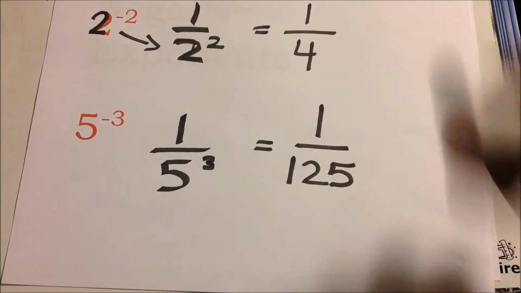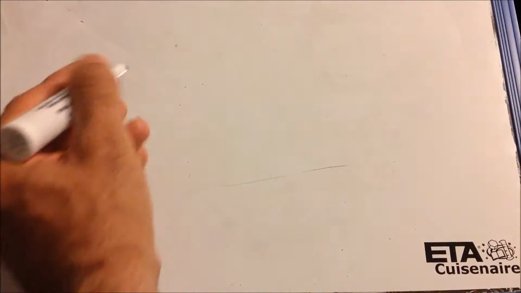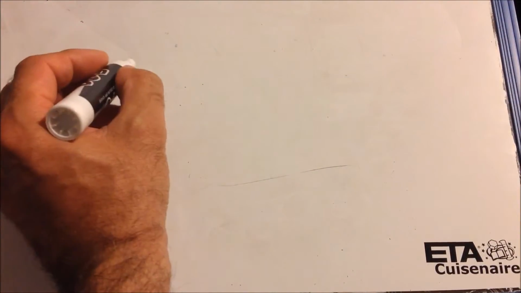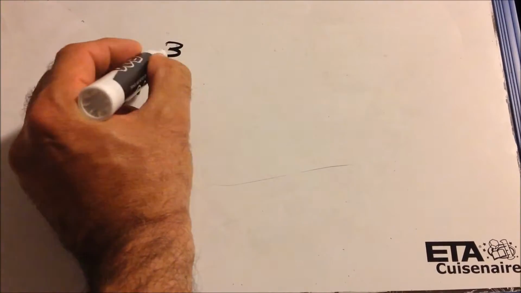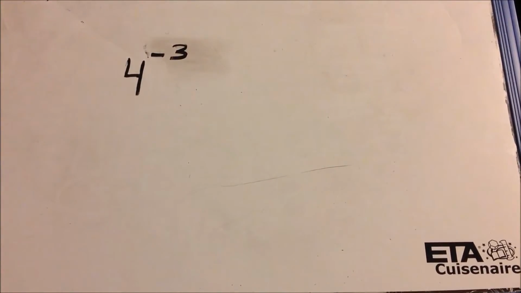Okay, let's do a few more examples. So let's say I had 4 to the negative 3rd power. What would that be in exponential form?